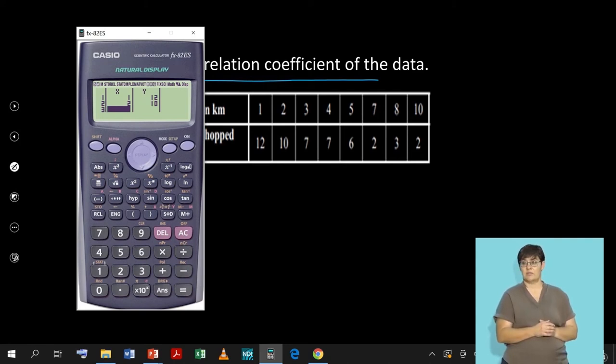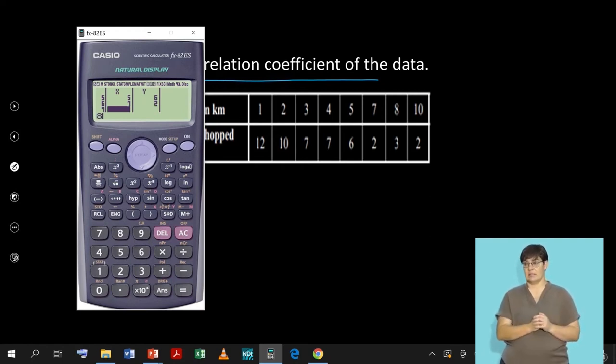Then 3 goes with 7, equal. 4 goes with 7 also, so 4, equal, 7. Then 5 goes with 6. 5, 6. And then 7 goes with 2.